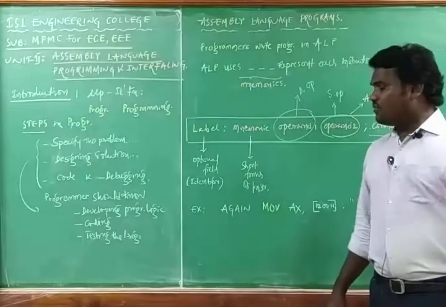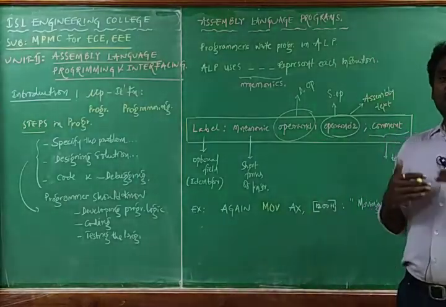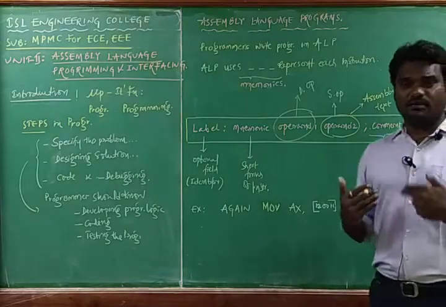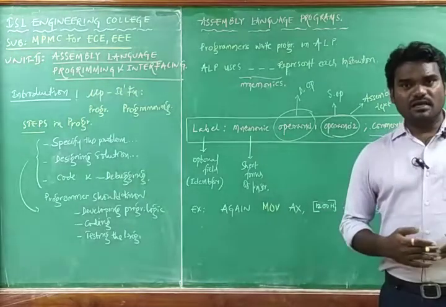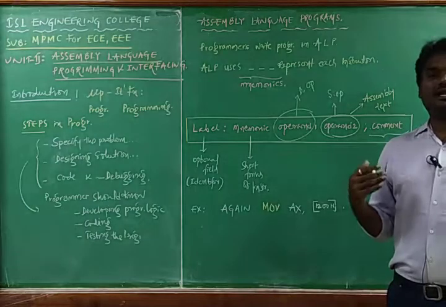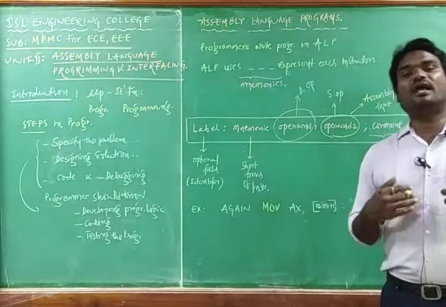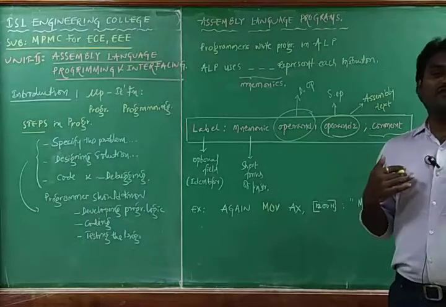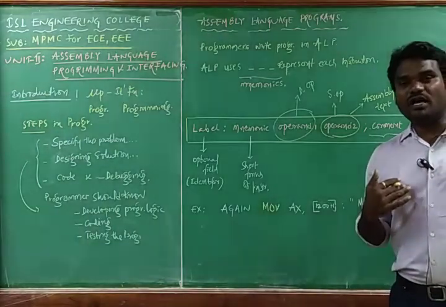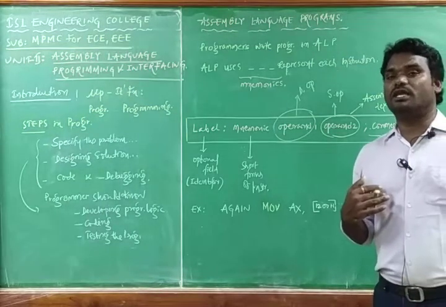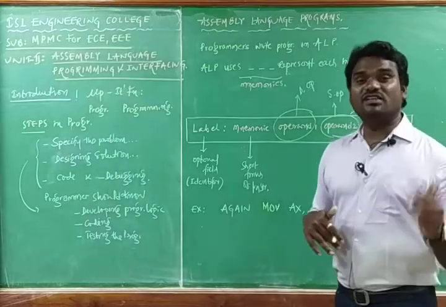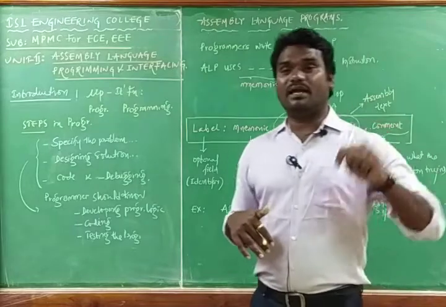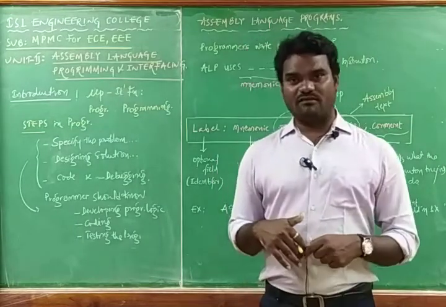And here you may have a doubt: we are writing the program in assembly language, which is a short form of English words, whereas the microprocessor can understand only zeros and ones. So we are going to have one more program that converts the assembly language program into machine language.